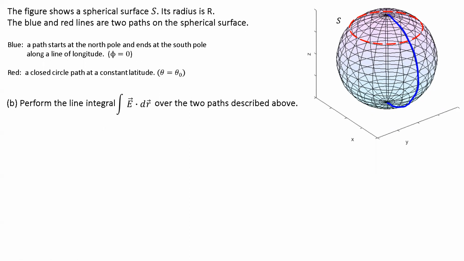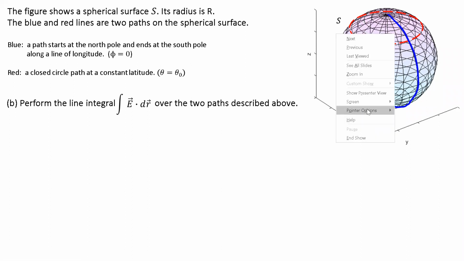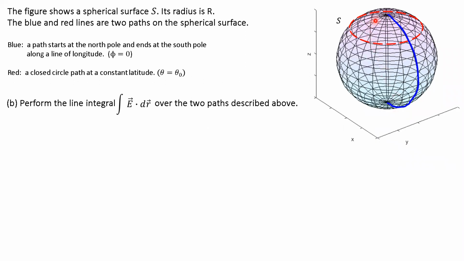And the other path, which is the blue one, goes from the north pole of the Earth all the way along the surface of the Earth, down to the south pole of the Earth. This is a semicircle, and it basically goes along a line of longitude.